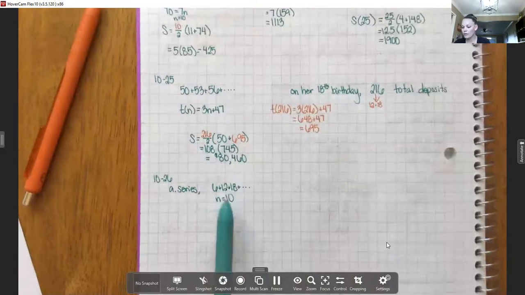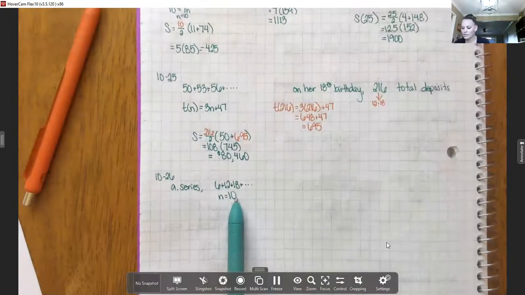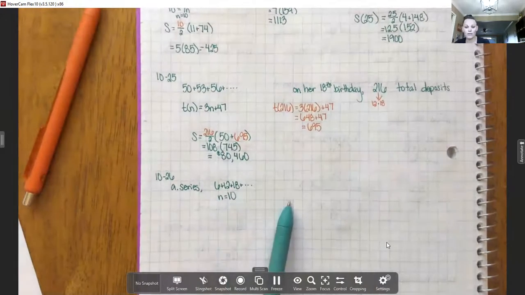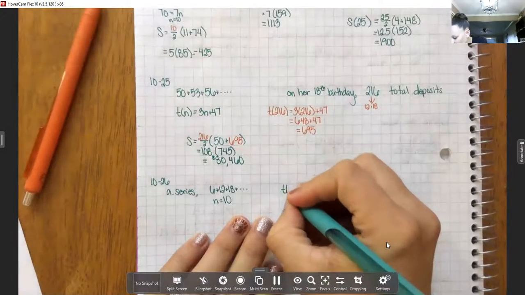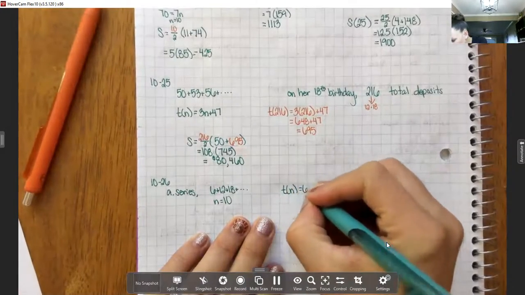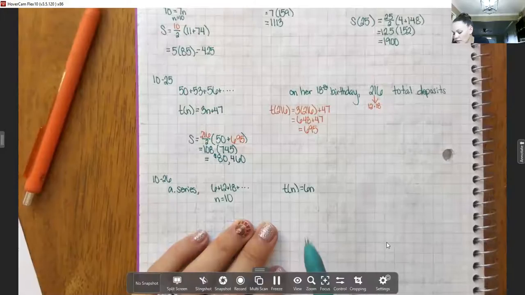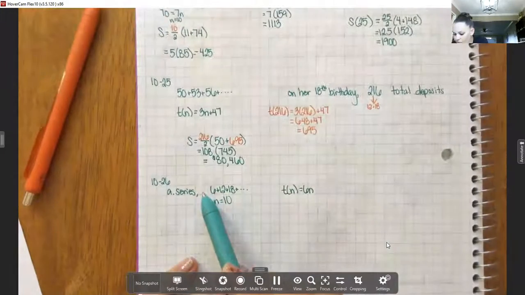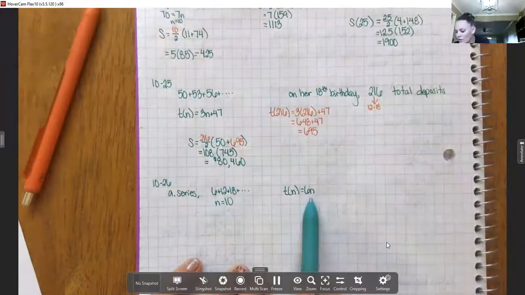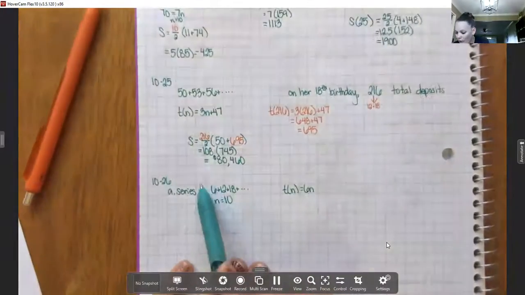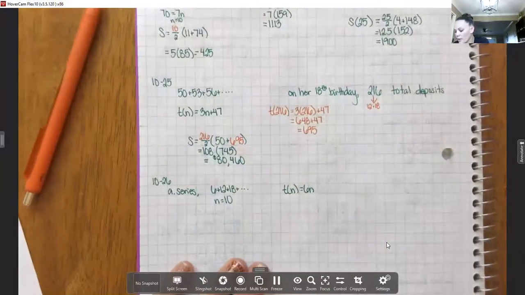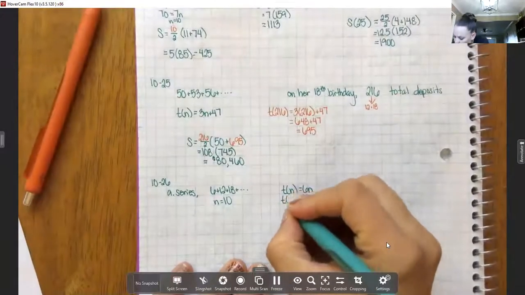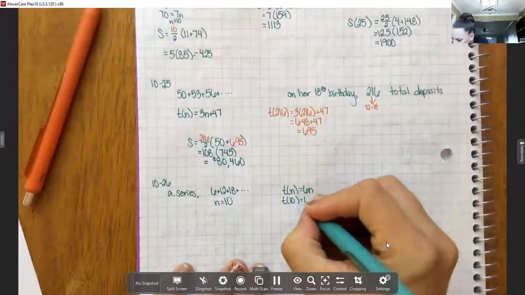Same idea, we could list all 10 to figure out what the last one is, or we could write the sequence generator, the T of n. T of n equals 6n, and my 0th term would actually be 0. So this is just 6n, because if I worked backwards and subtracted 6, it would be 0. So T of 10 is 60.